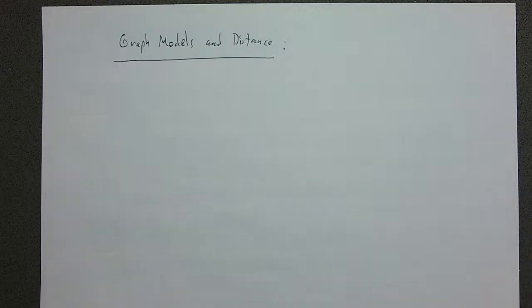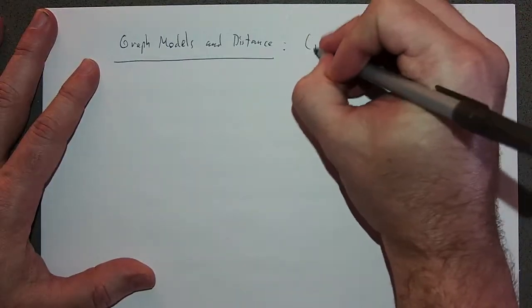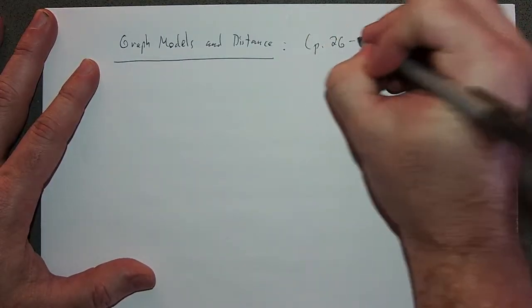I'm not going to read all of these things. This is just a lot of reading. I'm going to say it in words. If you want something easier to follow than just hearing me rant about it, I would suggest you read pages 26 to 30 in the textbook.